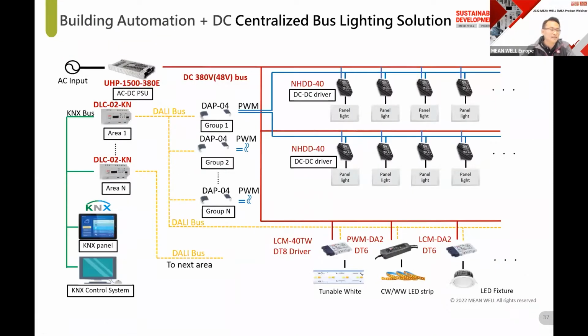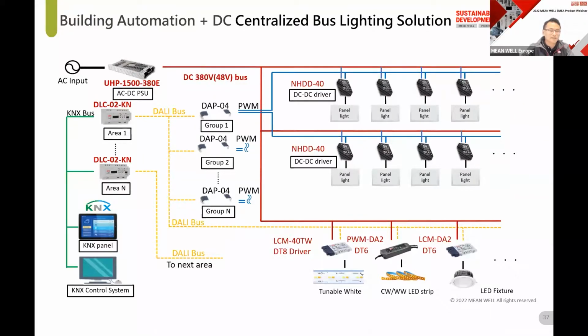If we expand the configuration, DLC can combine with the DC centralized bus concept to make the solution as in this picture. The main bus is 380 volts, which is supplied from the UHP 1500. HDDs take the power from the bus to power the luminaires.